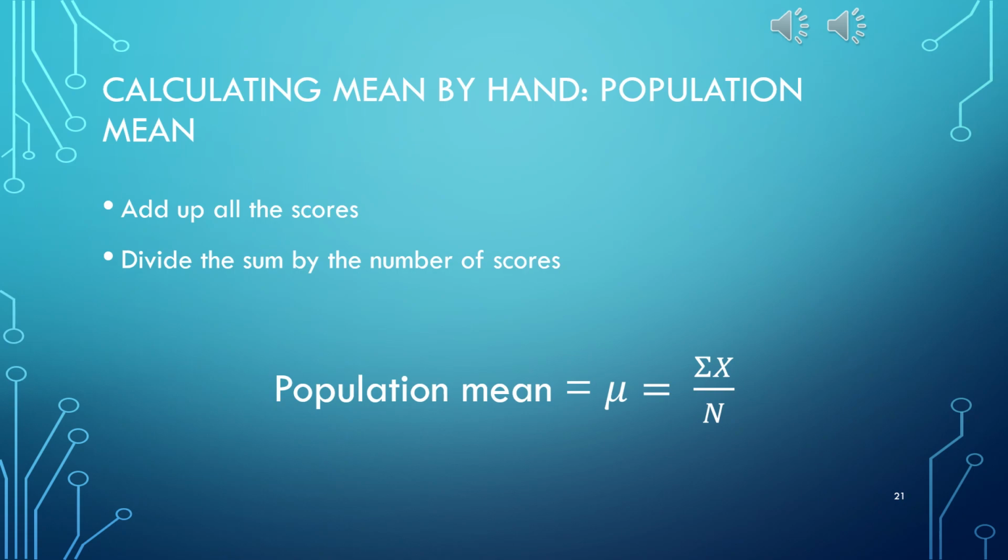There's specific situations where we do know it, but typically, as we've mentioned in class, we use sample data to estimate population data, meaning we use the sample mean to estimate the population mean. Once in a while, though, we actually do get an entire population mean, and we'll talk about that later.